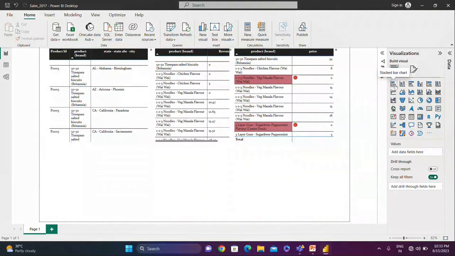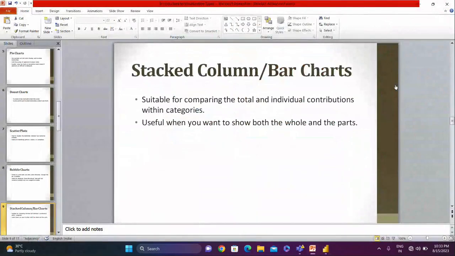So this is the reason we are talking about stacked bar chart once again, without including it in the bar chart that we already talked about, because it is suitable for comparing the total and individual contribution within categories, and it is also useful when you want to show both the whole and the parts.